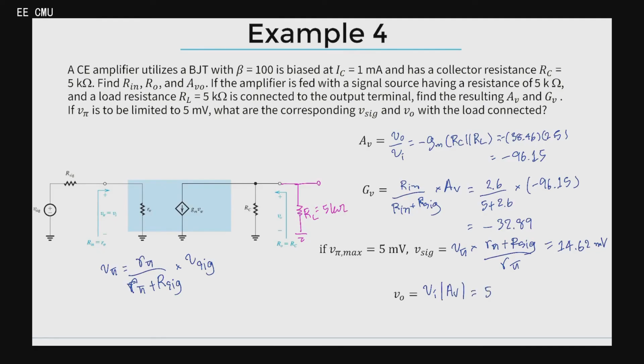This calculation comes out to 5 millivolts multiplied by 96.15. Now please don't forget, we do not need to include the negative sign in this step, so we just use 96.15. When you perform that multiplication, the final result comes out to exactly 0.48 volts.